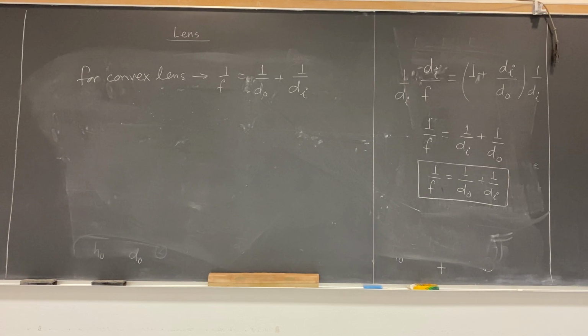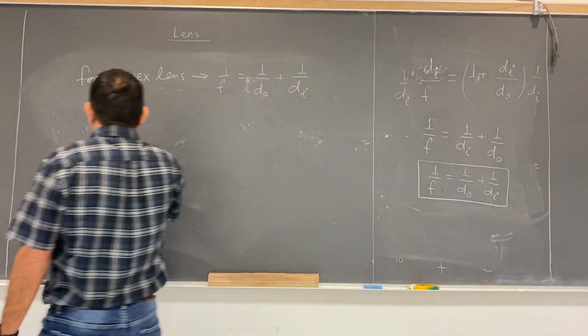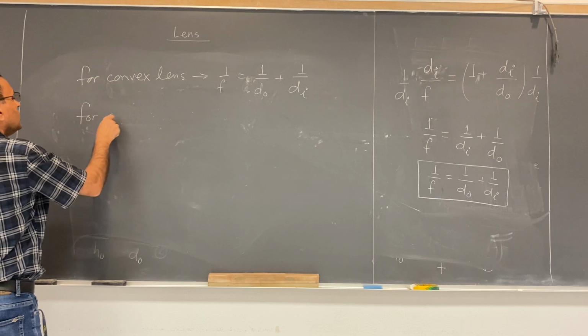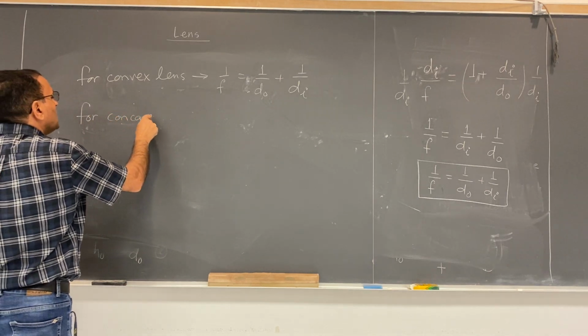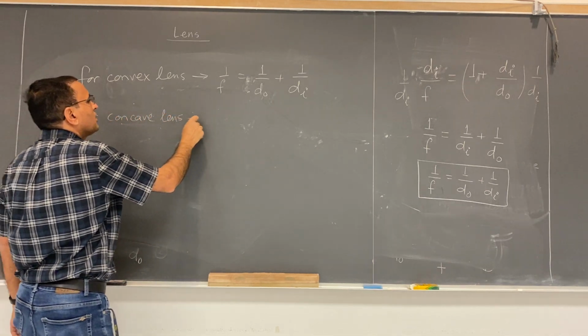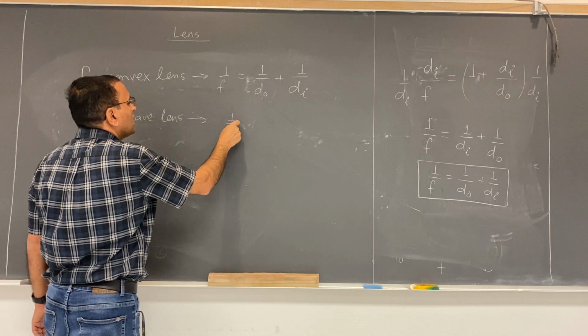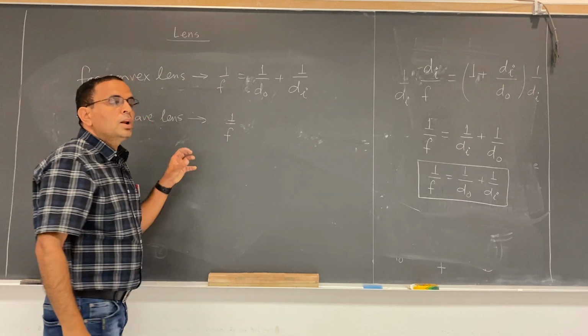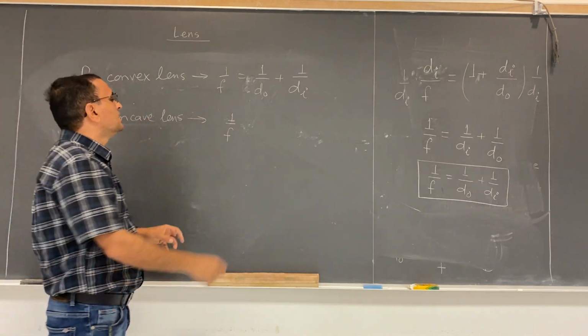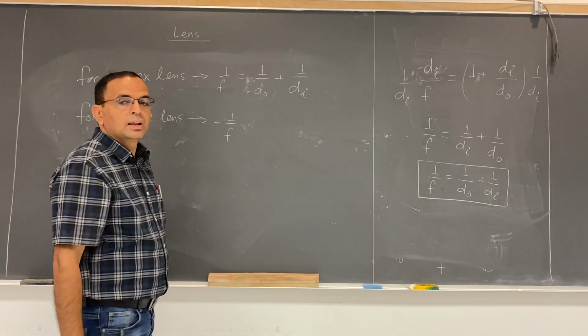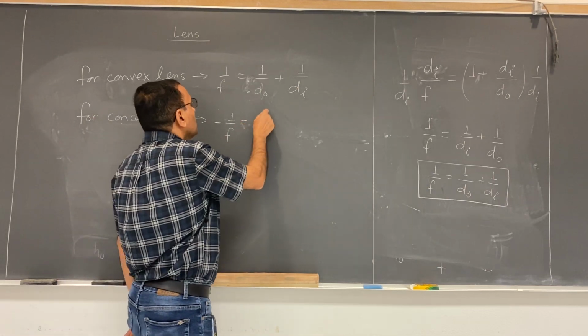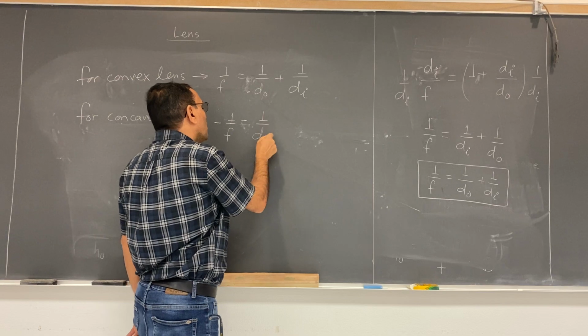So for the concave lens, you can write down 1 over f, but the focal length of the concave lens is negative, so you have to put negative here. Negative 1 over f equal to 1 over do.